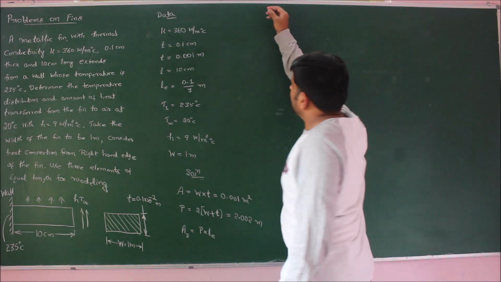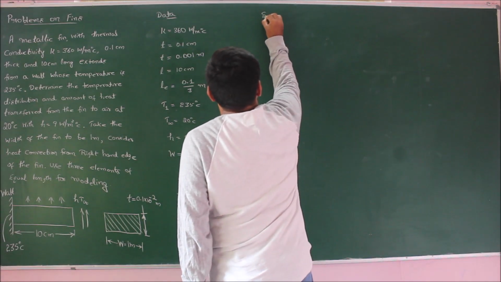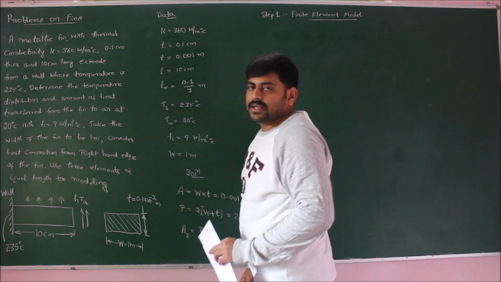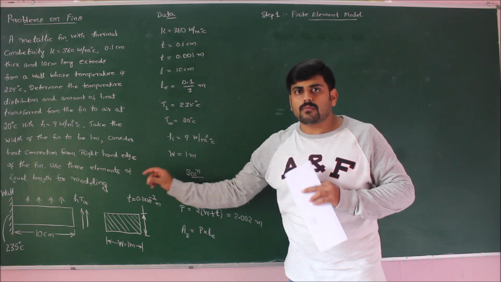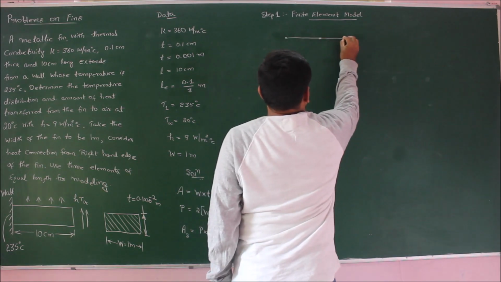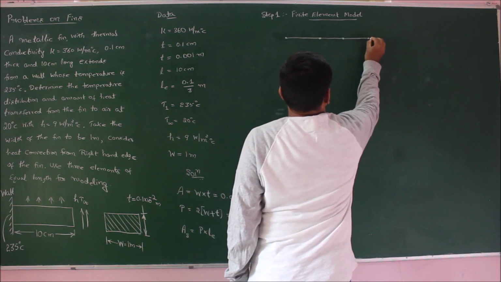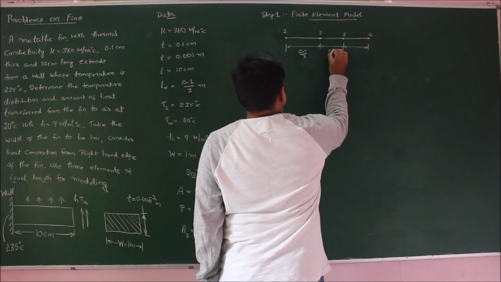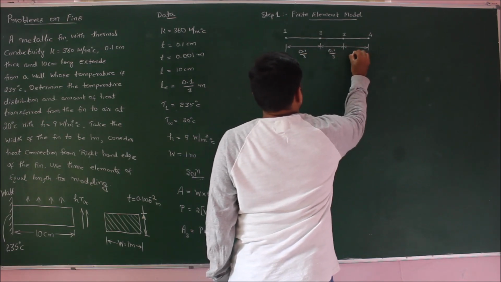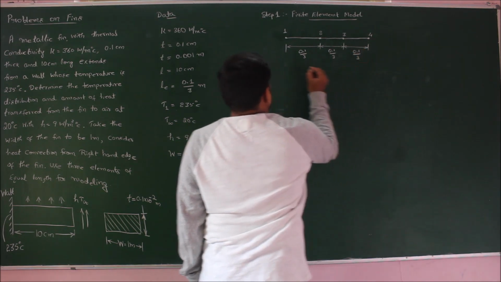Moving on to step 1, that is the finite element model. It is given in the question to use 3 elements of equal length for modeling. Therefore I will get 4 nodes and 3 elements. The length of each element is 0.1 by 3.